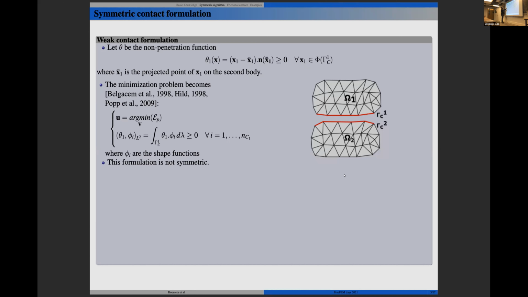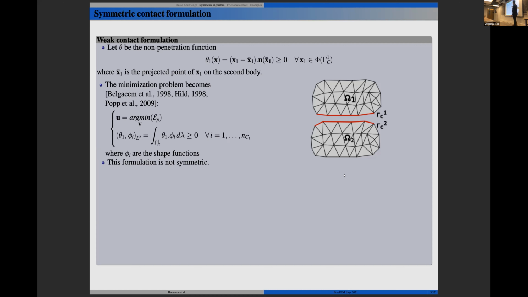For example, here we have our minimization problem, and we will have here an integral, and we'll have here NC1 constraints. NC1 is the number of nodes at the potential contact area here. And phi I is the shape function at each point here.